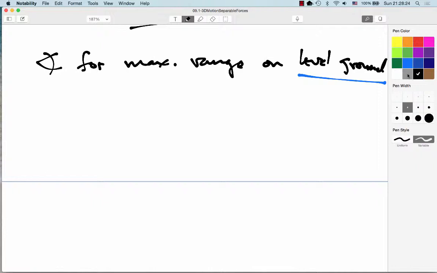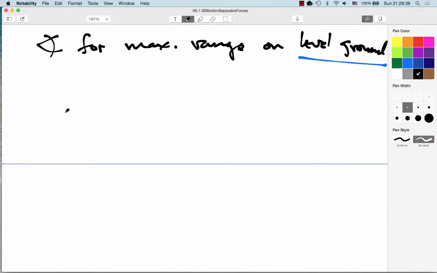If you show the general case, they can get it whether it's level ground or they're firing off the White Cliffs of Dover. Either way. Just something for you to keep in the back of your mind for your future careers. Anyway, let's go ahead and do that, and let's see what launch angle will give us maximum range.